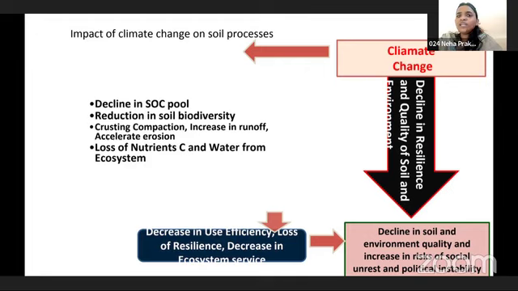Due to that continuous cropping or monocropping system, there is a loss of nutrients, carbon, and water from the ecosystem. So these are the main impacts of climate change on soil processes, which lead to a decline in soil and environment quality, and increase the risk of social uncertainty, which leads to a decrease in crop growth and productivity also.